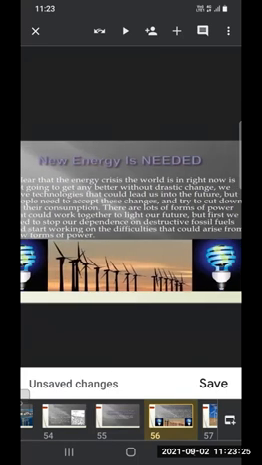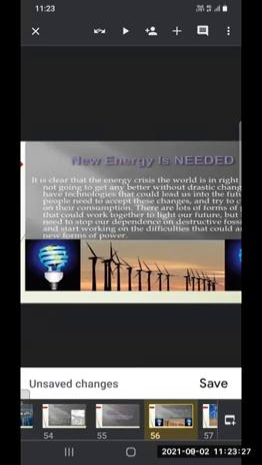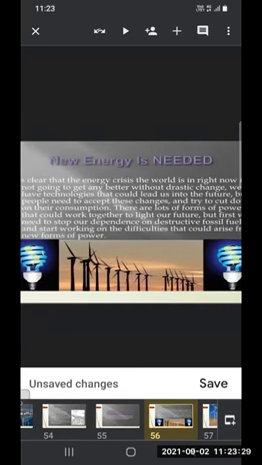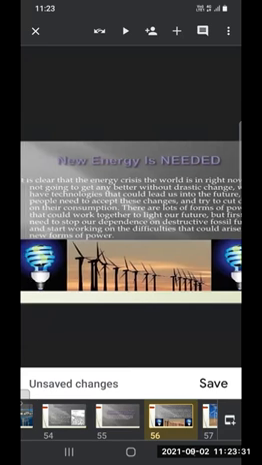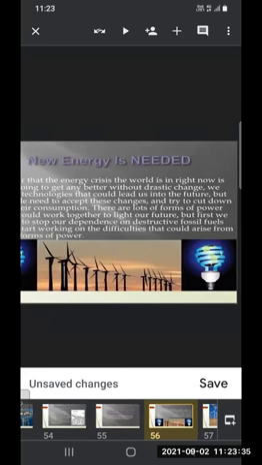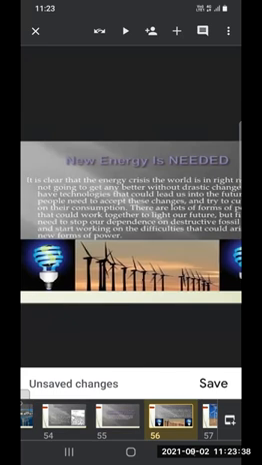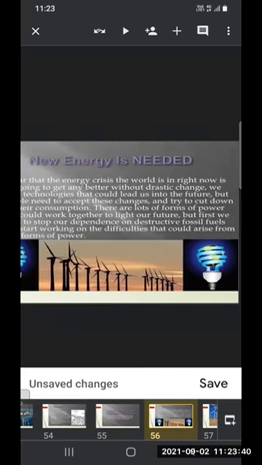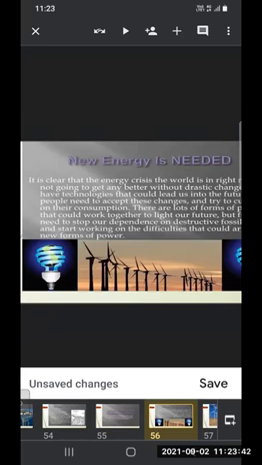There are lots of forms of power that could work together to light our future, but first we need to stop our dependence on destructive fossil fuels and start working on the difficulties that could arise from new forms of power.